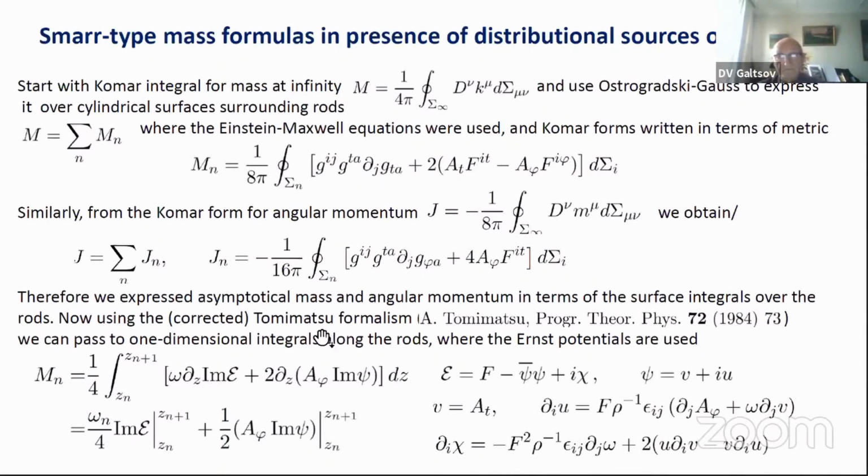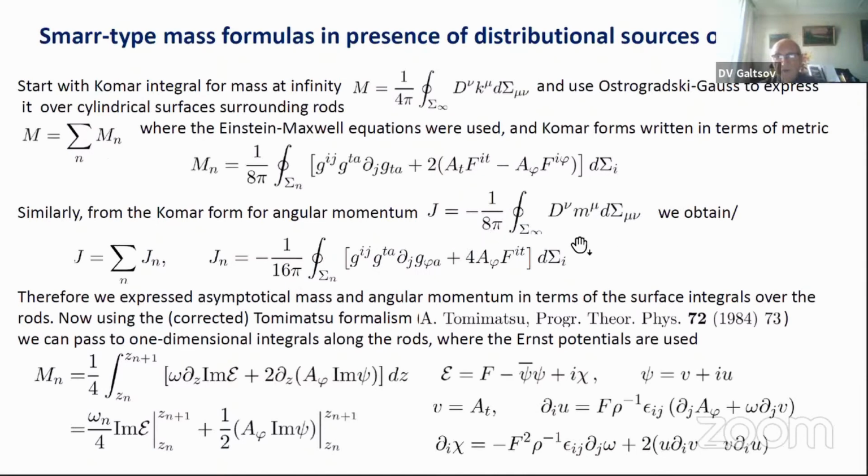Here the bulk is already transformed because of Maxwell equations. One can show that one deals with some full divergence, and you can transform the bulk again to a surface. So the whole mass will be expressed through this sum of mn.